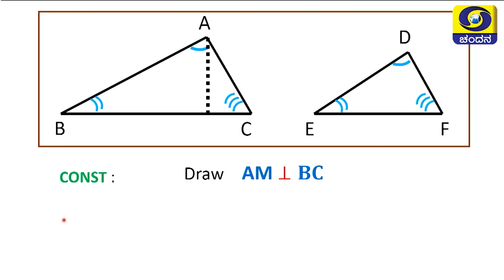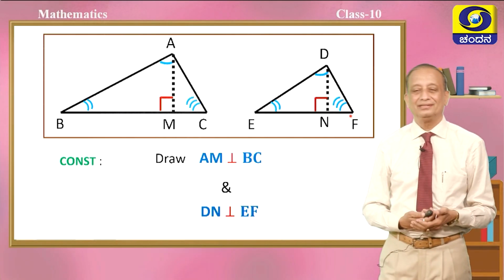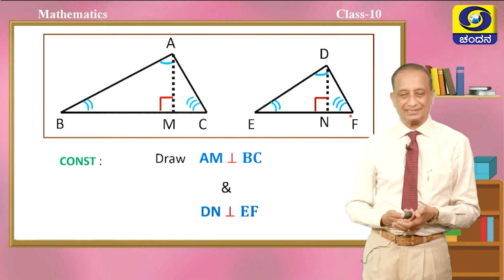So, this is our point M. So, the symbol for 90 degree also have to write at M, and similarly we have to draw DN perpendicular to EF. So, let us call this as N. So, draw AM and DN perpendicular to BC and EF respectively. Do you know why? This is because in order to calculate the area we require the altitudes, hence this construction.